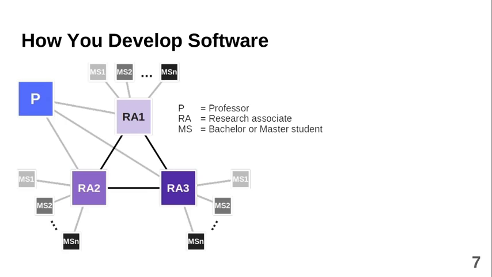Initially, you may be the sole developer, but work at a university, similar to an open source project, involves channeling the work of others. So rather sooner than later, you will be working with master students, sometimes bachelor students, whose work you will be integrating.